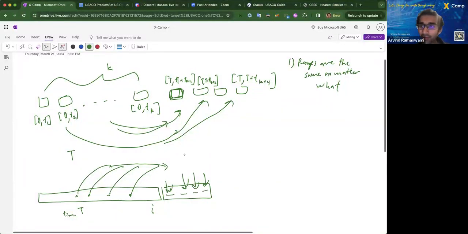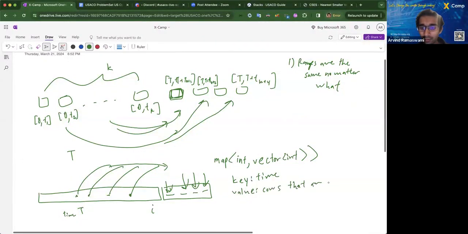One way we can simulate these events is to have a map from int to something like vector int, where the key is the time, and the value is the cows that have finished being interviewed.